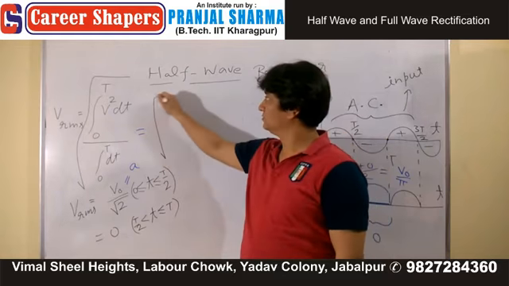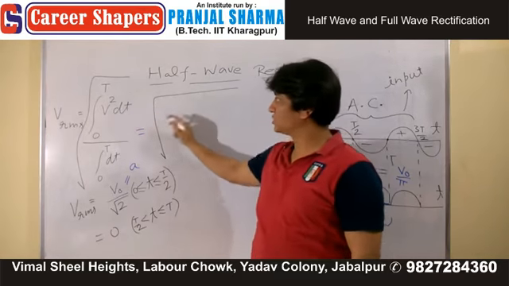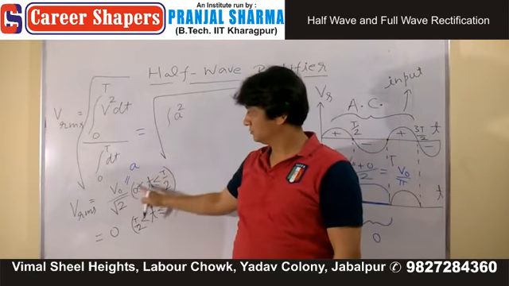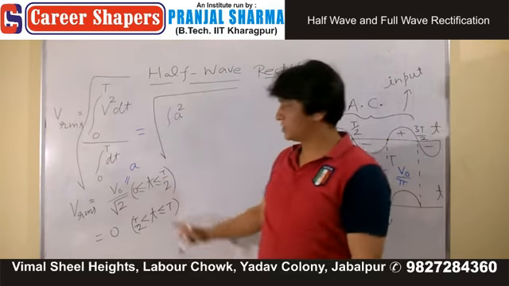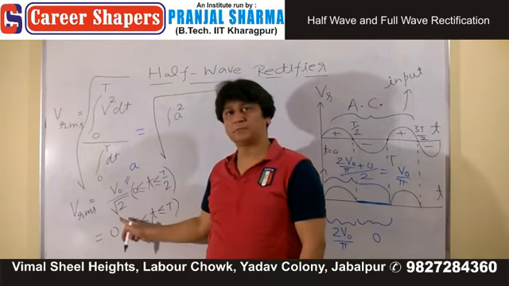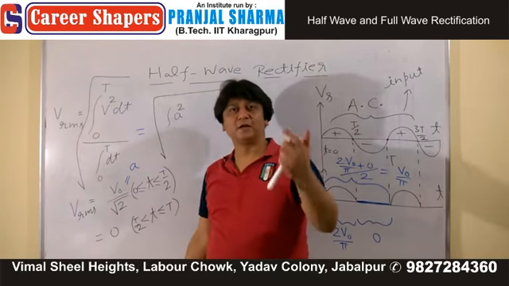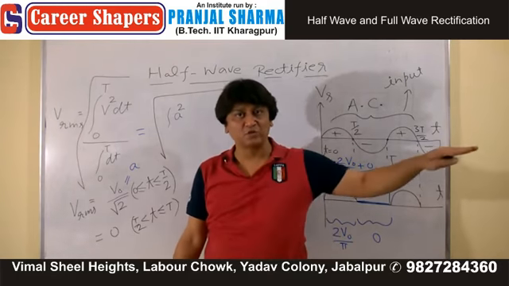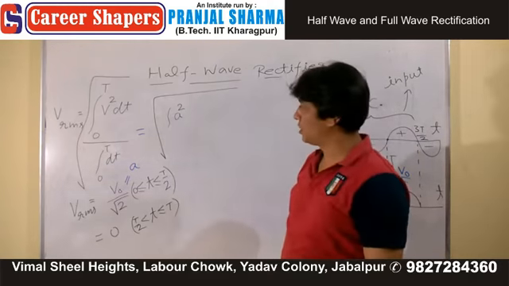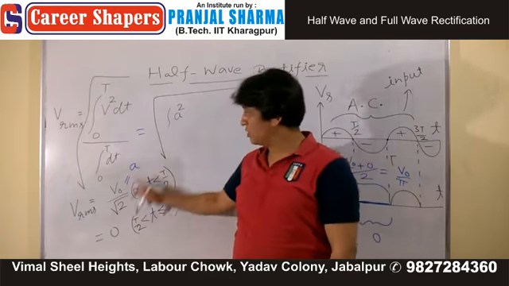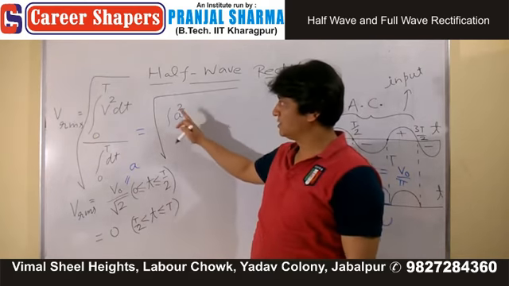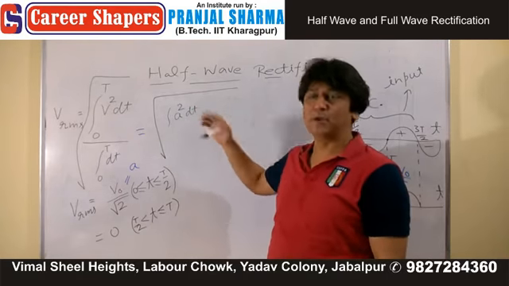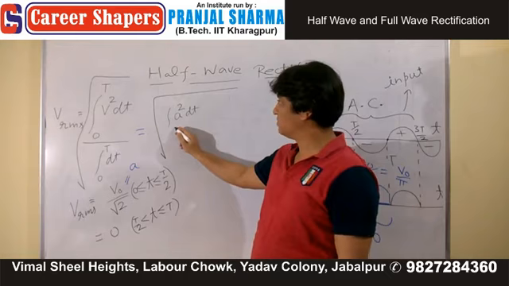Root over V square, which is A square. Now remember, it's a constant thing. When you are taking square mean, once you are taking mean, you're making things constant, uniform throughout. So this is V naught upon root 2, which is a square of that dt, although it's a waste of time, but you will understand better.